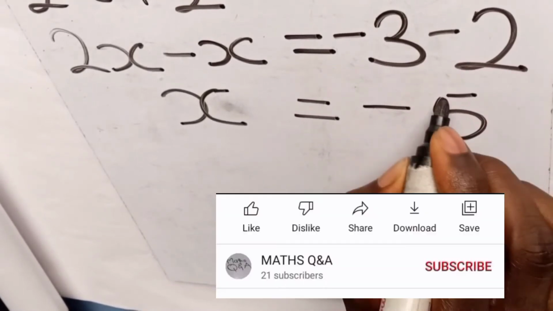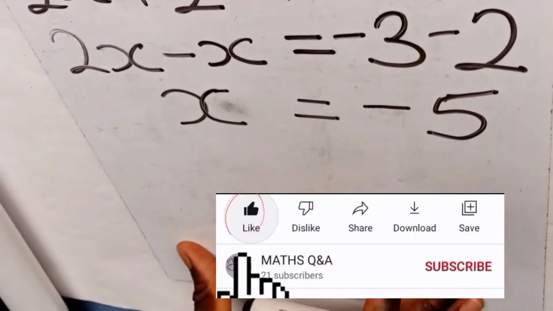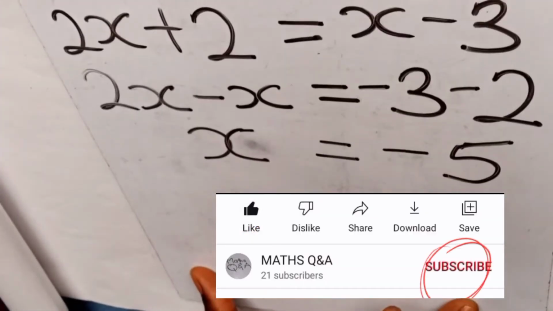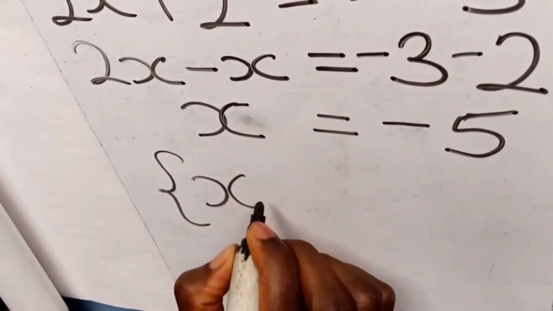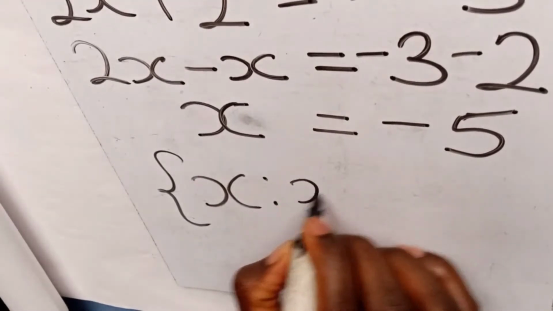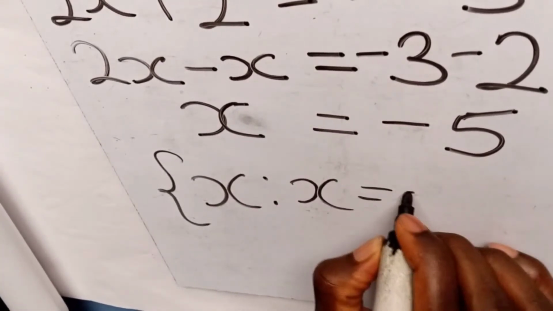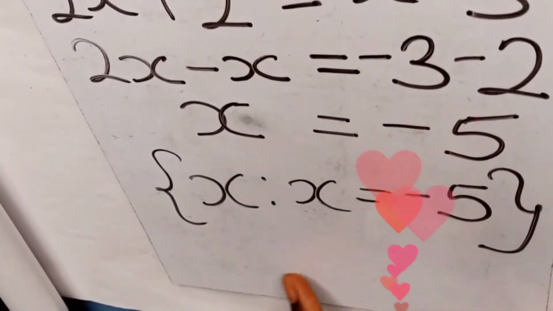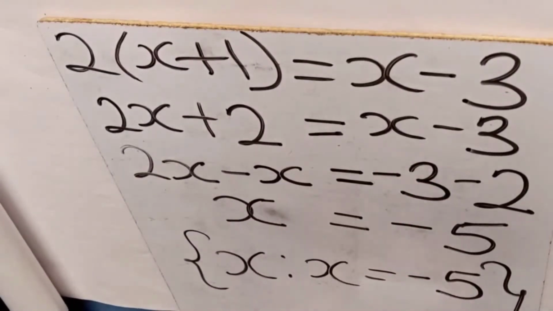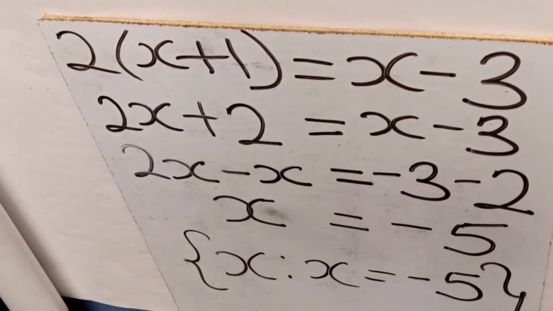Negative 5. So when you are done, then you write your truth set for the question. And that one is x is equal to negative 5. So this becomes our answer for the question 2 into bracket x plus 1 equal to x minus 3.